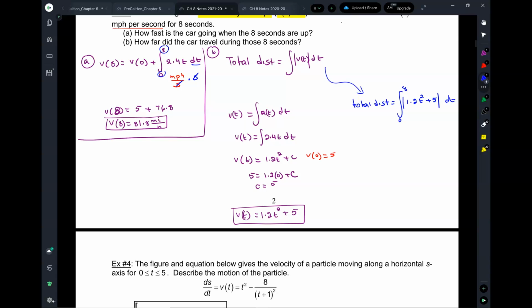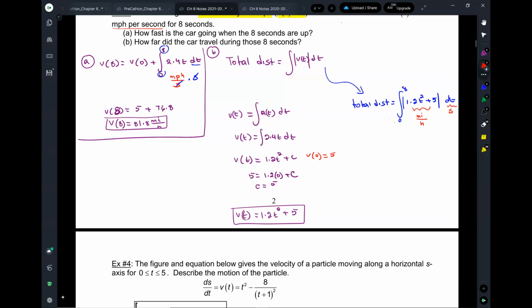Now, let's talk about units again. This is in miles per hour, right? The 0 times the 8 is in seconds. So let me write it like this. This is miles per hour times seconds.